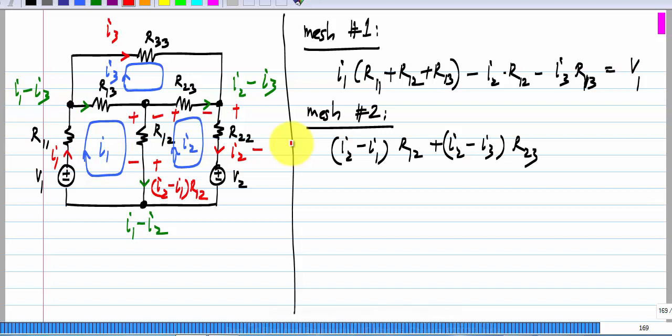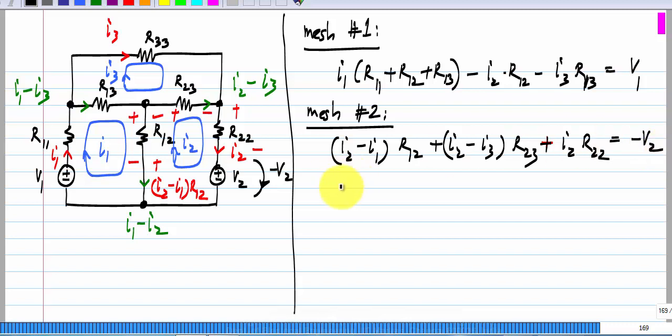So that's I2 minus I3 times R23 plus I2 times R22, because the current through R22 is just I2, and that is equal to the voltage rise as I go in the clockwise direction. So when I go from here to there, the voltage actually falls by V2, or the voltage rises by minus V2. So this is equal to minus V2.